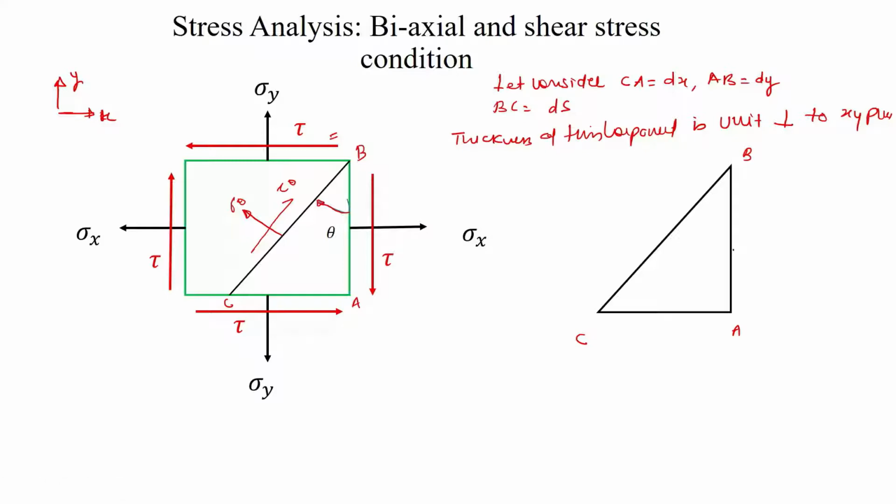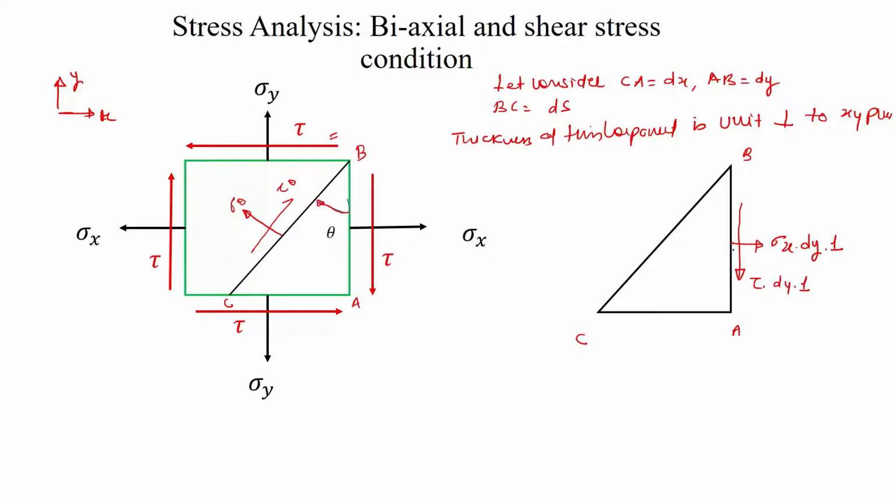So now if we want to find out the forces on AB plane and CA plane, then we have to multiply the stress with the cross-sectional area of these planes. So the cross-sectional area of AB plane is dy multiplied by unit thickness, so dy multiplied by 1, and the force in this direction is sigma x multiplied by dy multiplied by 1, and the tangential force on this face because of this shear stress would be tau multiplied by dy multiplied by 1.